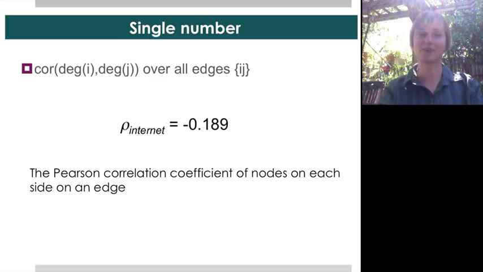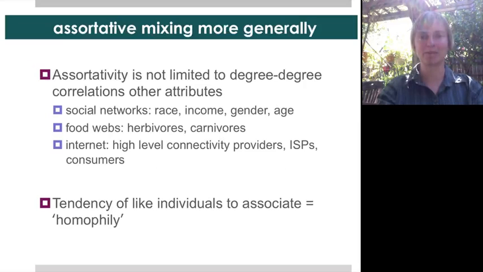So if you'd like a single number, then you can just look at this correlation. I mentioned that you can talk about assortative mixing more generally. If you were talking about social ties, you may be looking at race and income and gender and age. You can look at food webs, herbivores and carnivores. I'm assuming in the food web, it might be a bit disassortative.